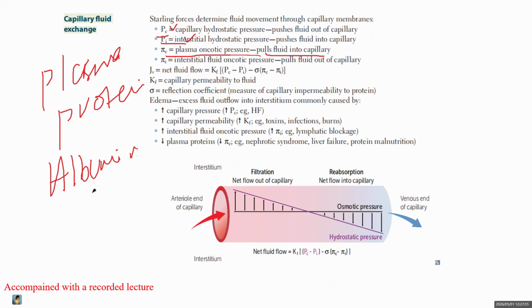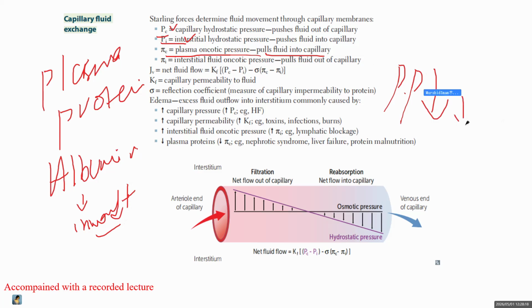This force tends to pull fluid into the capillary, so we also call this pi c an inward force. This is very important clinically, because when the plasma protein levels in the body fall, the inward force is also lower.